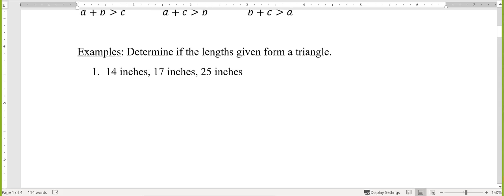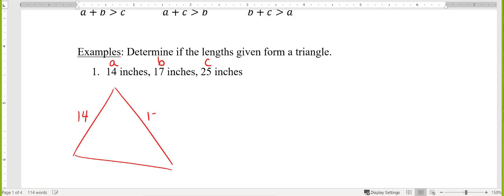Determine if the lengths that are given form a triangle or not. I'm going to label side A 14 inches, side B is 17 inches, and side C is 25 inches. If you want to draw a triangle, you can. So 14, 17, and 25.